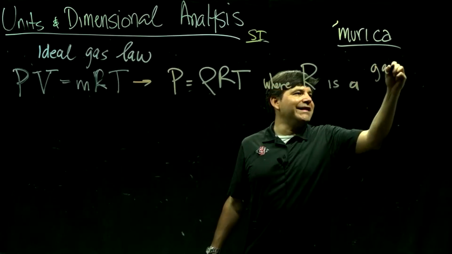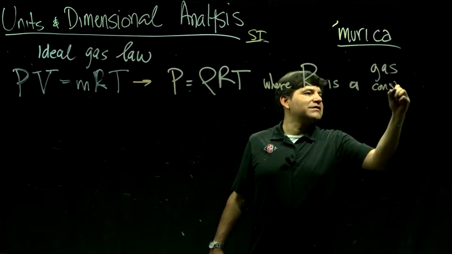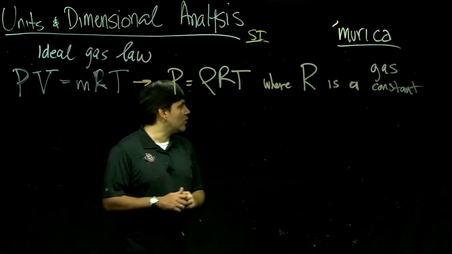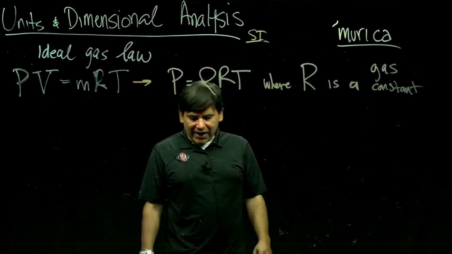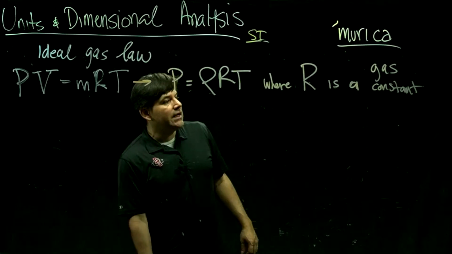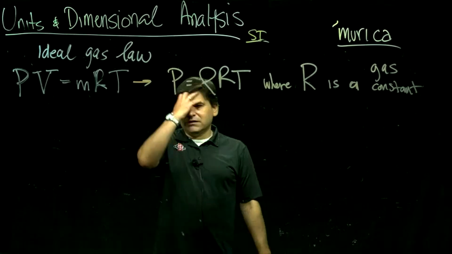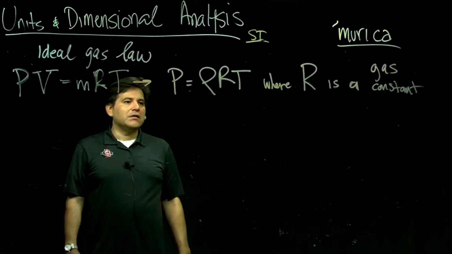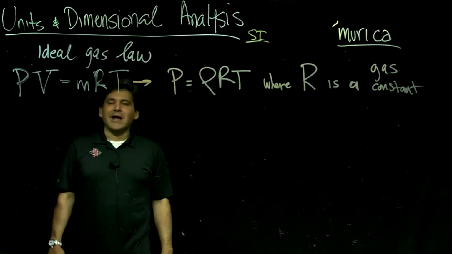It's not the universal gas constant, it's a gas constant which changes depending on which mass of the gas you're talking about, which molecule of gas you're talking about. And the universal gas constant is only the number of molecules you're talking about. It doesn't depend what they are, it just depends how many there are.